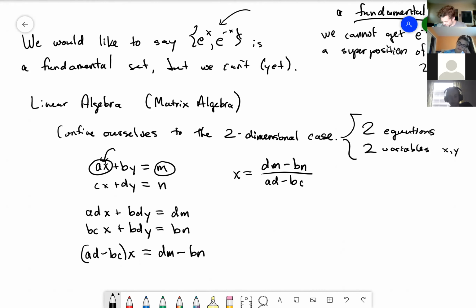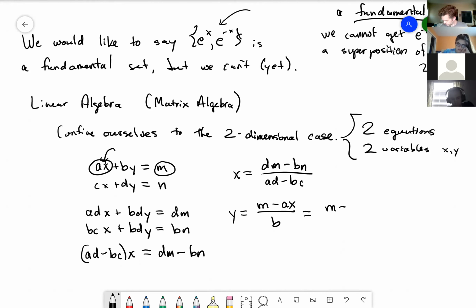Let's say y is equal to (m - ax) over b, and so this is m minus a times x.